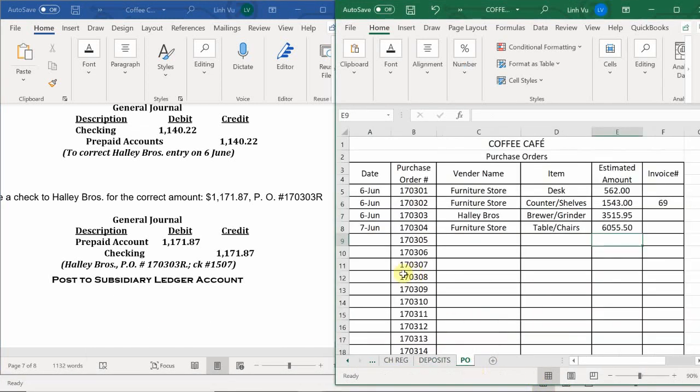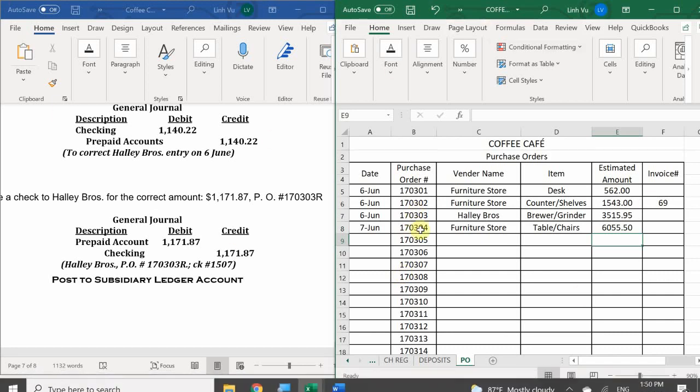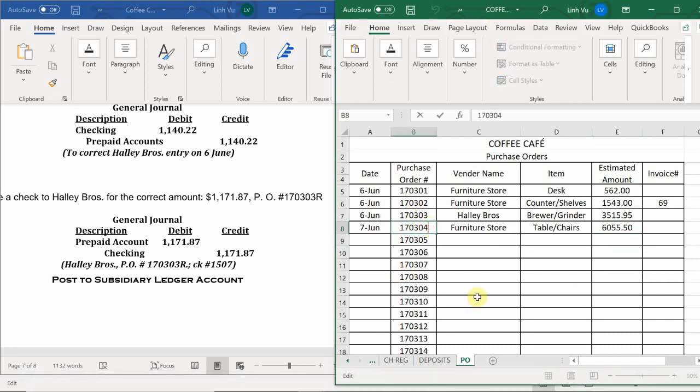Okay, so in this case, since we don't have the actual purchase order form itself, I'm just going to add an R so we know that we revised it, because the purchase order gives us your agreement of how much you're going to write out for the check.